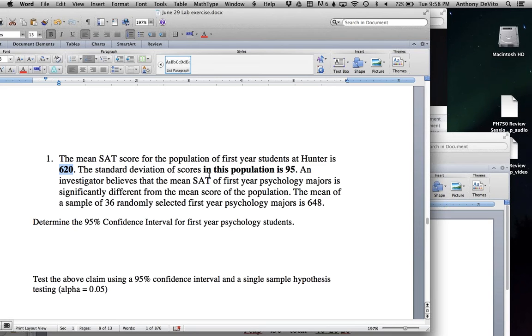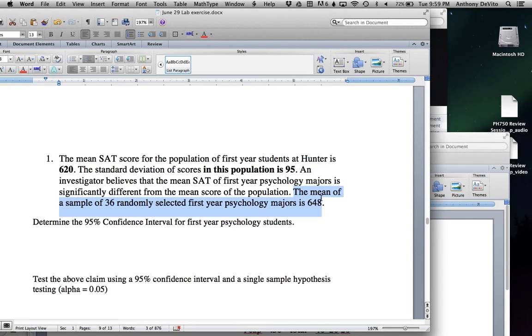An investigator believes that the mean SAT score for first-year psychology majors is different from the mean score of the population. Okay, we did a similar example to this before. The mean of a sample of 36 randomly selected first-year psych majors is 648. So we know that the mean of a sample of size 36 is 648.